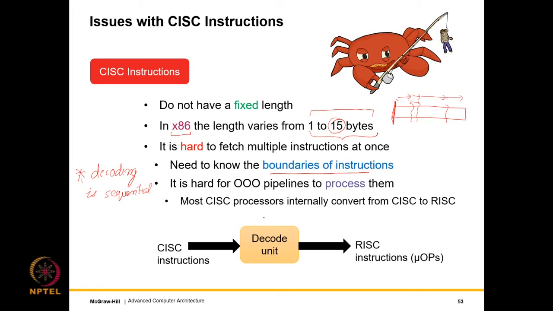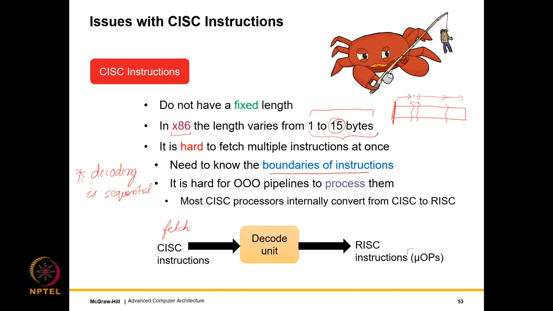So that is why in most CISC processors, notably Intel and AMD, the fetch unit does read CISC instructions from the instruction cache, but internally the decode unit converts the CISC instructions to internal RISC instructions.